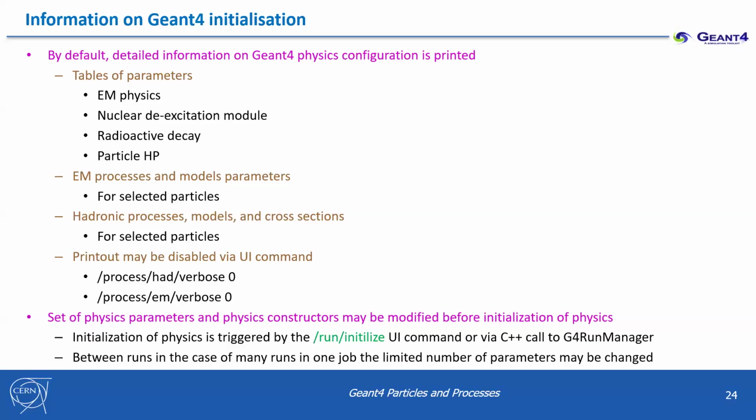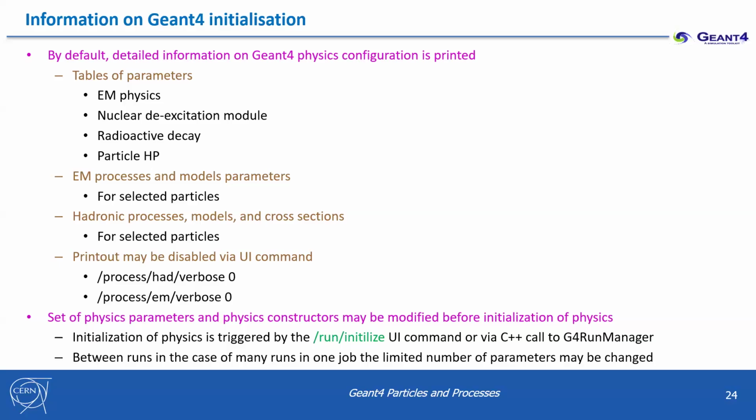If we put verbosity level 2, 3, or more, you may have quite a lot of very long printout information which comes out from your simulation. So the optimal choice is either use by default verbose 1 or disable it with verbose 0.